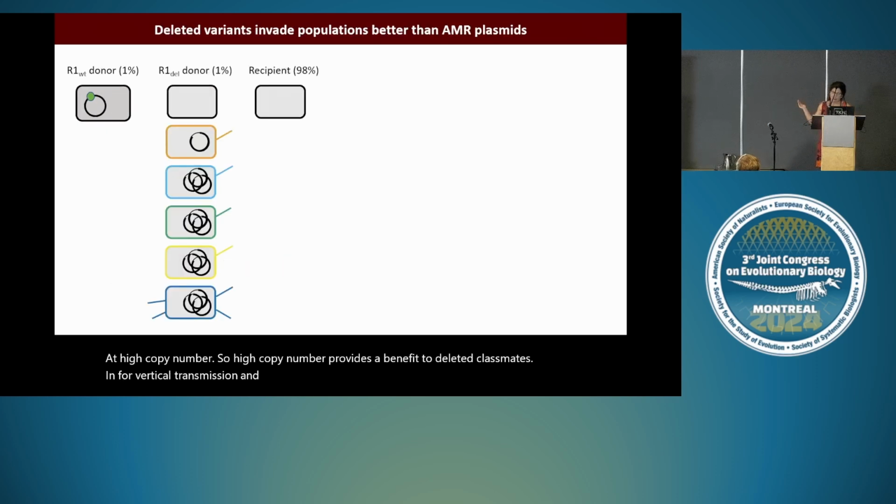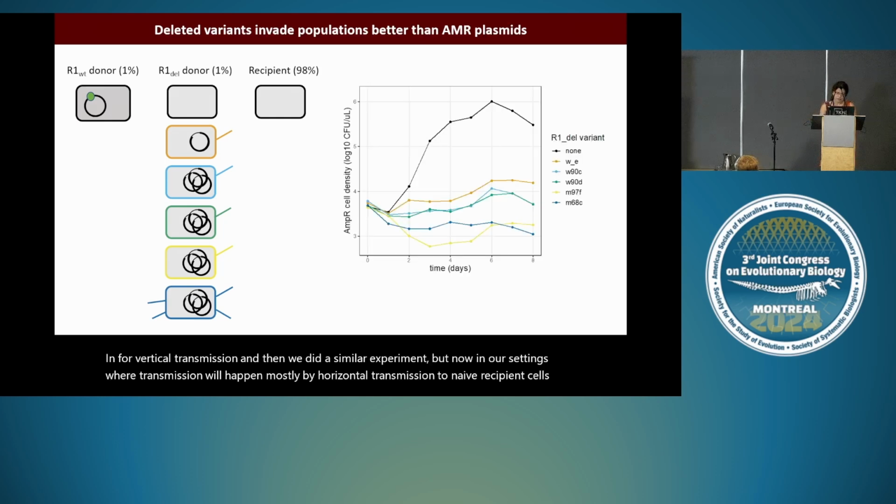And then we did a similar experiment, but now in a setting where transmission will happen mostly by horizontal transmission to naive recipient cells. And here we saw that the antibiotic resistant plasmid on its own invades a population in a few days, in 4 days. But as soon as we also introduce deleted plasmid in the population from independent cells, this is totally stopped.